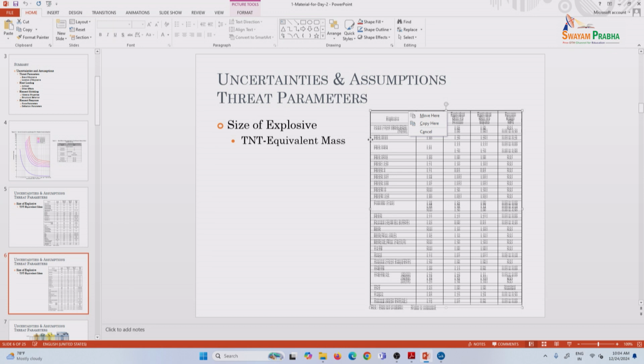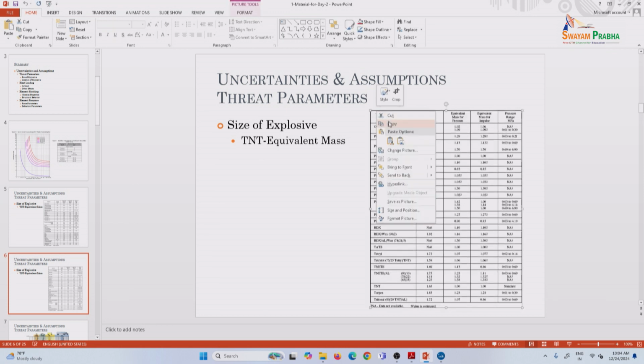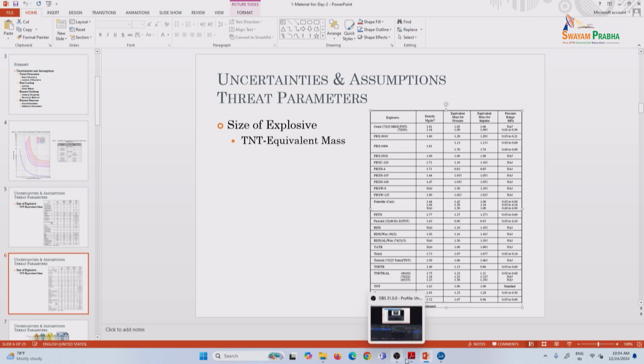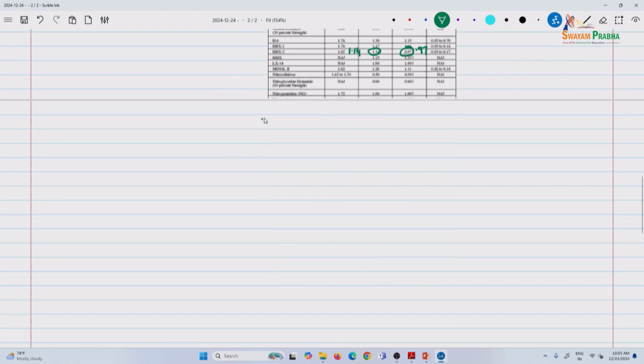I think this is the ASCE 5911. I can look that up. I'll keep that question and I'll let you know. I believe this is from ASCE 5911, but don't quote me on that yet.